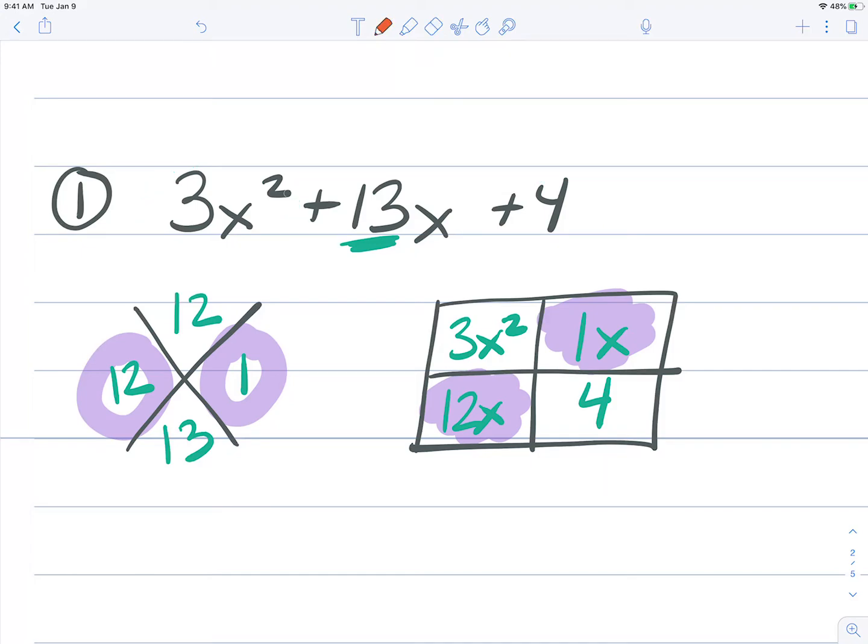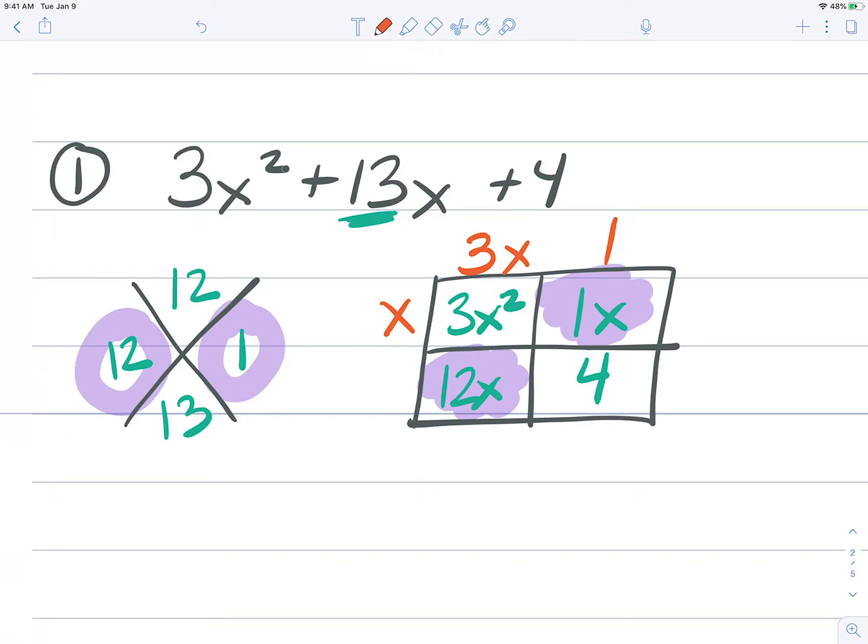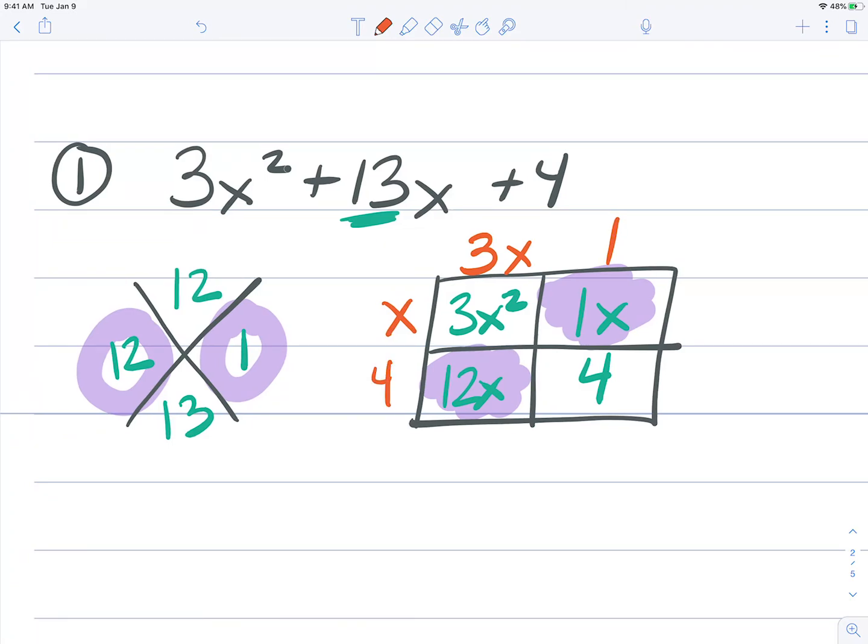If I look at my first column, 3 and 12 have a 3 in common. X squared and x has an x in common. For the second column, they don't have a variable in common, and 1 and 4 has nothing, so it's just a 1. For the first row, 3x squared and 1x has an x in common. It doesn't have a number other than a 1. And 12x and 4 has a 4 in common.